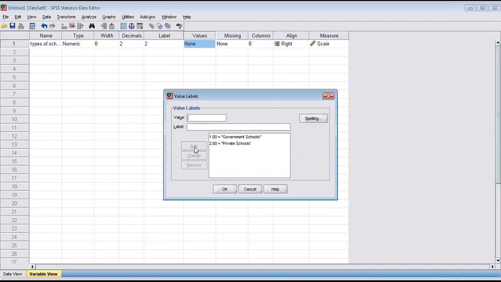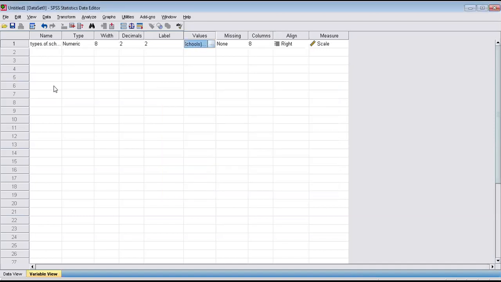But when it is interpretation, you have to follow one sequence. So I have done that.